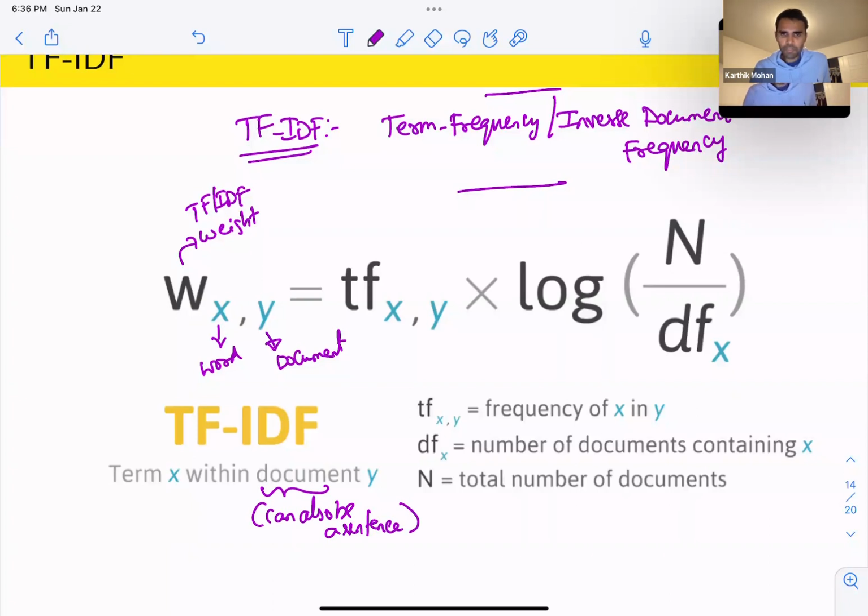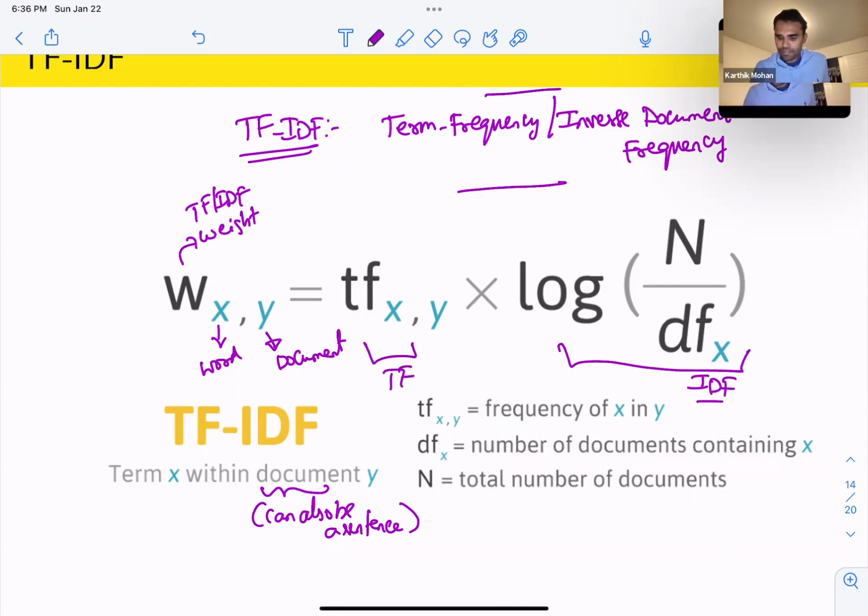If I see the word apple show up in a sentence once, my TF for apple is going to be 1. If I see it show up twice, then my term frequency for apple in that sentence is going to be 2. So TF is straightforward. The second one is the inverse document frequency. So this is TF and this is IDF.